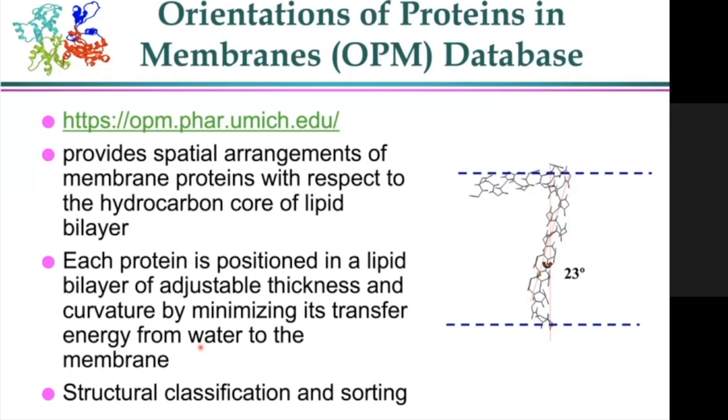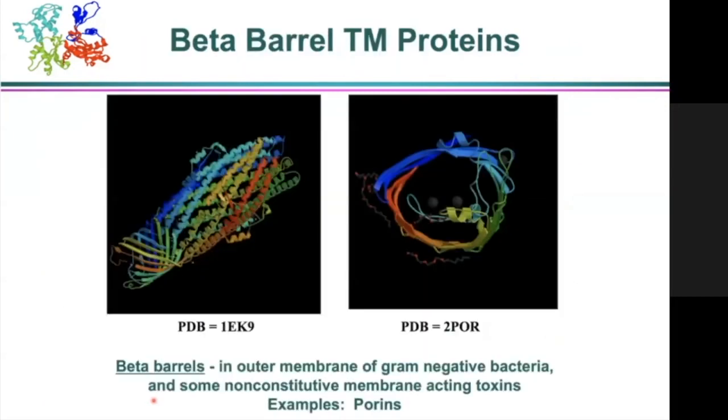Of course, you want to minimize the energy in the transmembrane. So that's how this orientation can be calculated, and it's actually pretty accurate. And this database also classifies proteins in great detail. So this is also very useful.